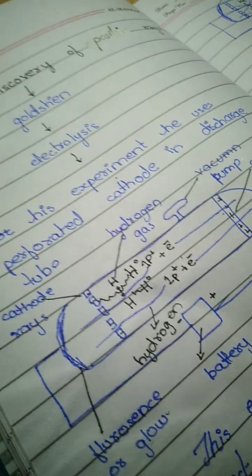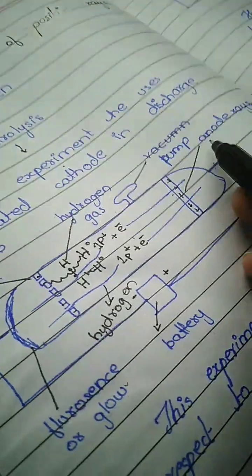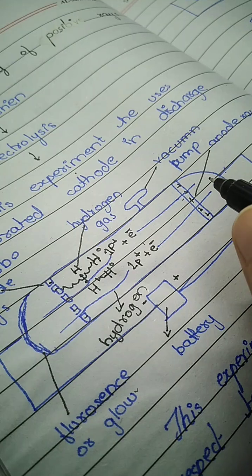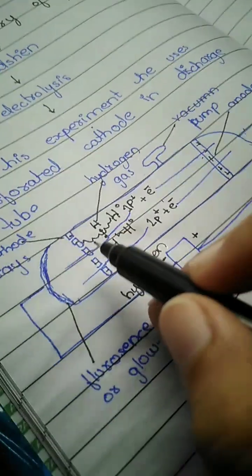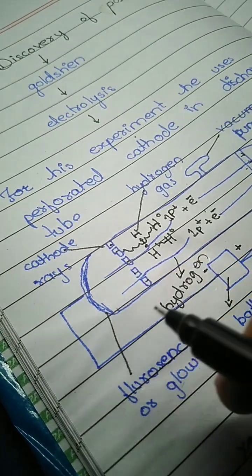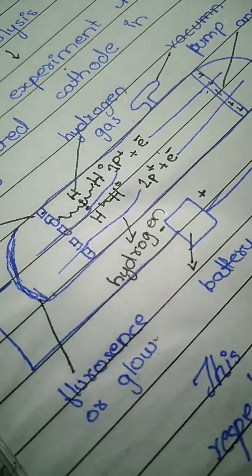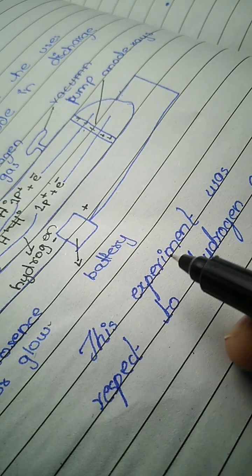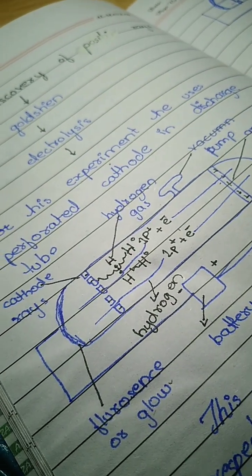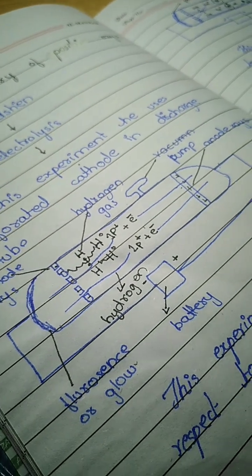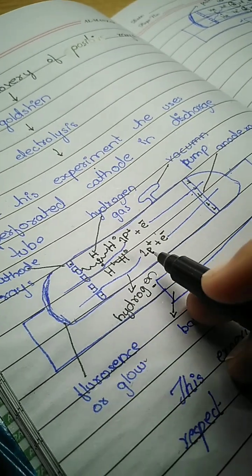That was the discovery. Now, in the discovery of the cathode ray, we talked about fluorescence in this area, but here the fluorescence is in this area. So that's all about this experiment with respect to hydrogen. As we know, hydrogen gas was used, but we can use different types of gases.